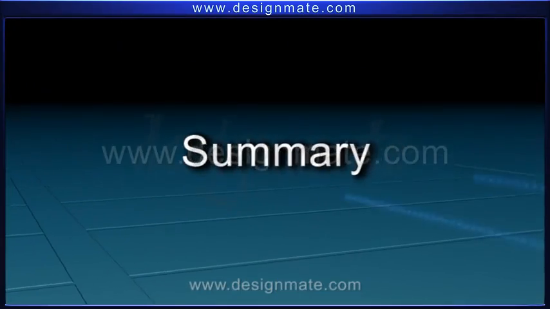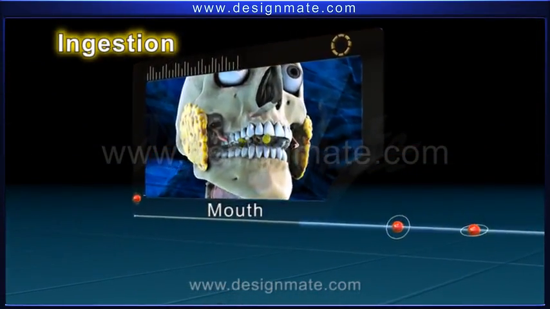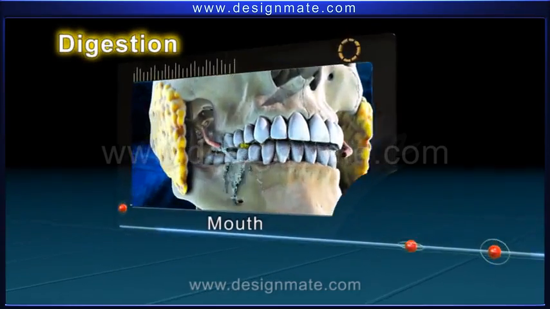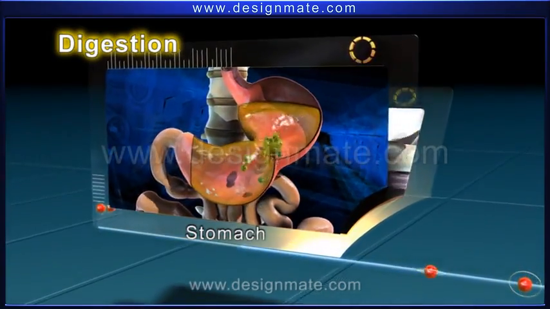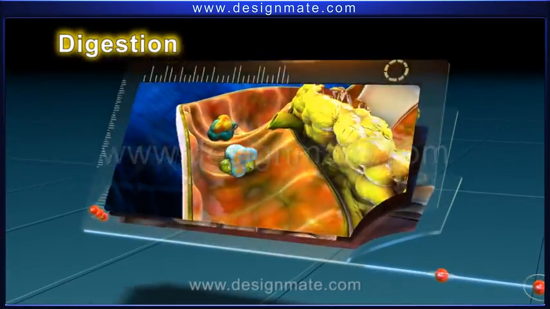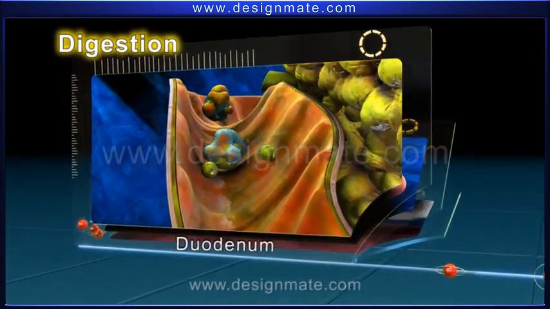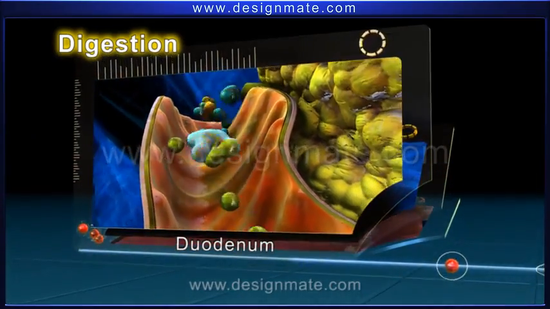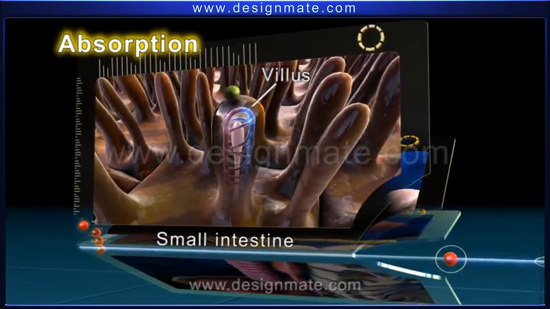To summarize the topic, we see that the complex food that is ingested is acted upon by enzymes in the stomach and broken into simpler food particles. Then in the duodenum, the enzymes act on these particles and further break them into simpler particles, which now can be absorbed by the villi in the small intestine.